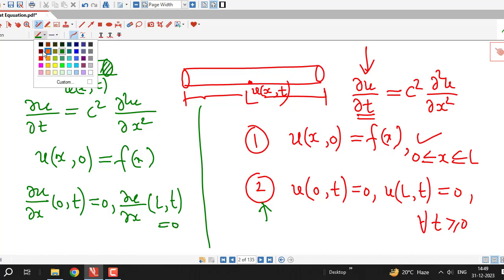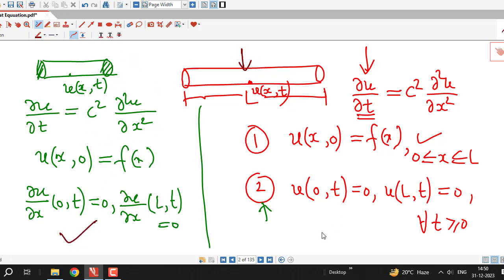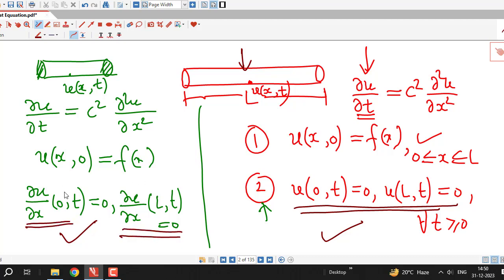So you have to be careful. You will be given a problem of heat equation and you have to decide which case is given: either the ends are having zero temperature, or the temperature gradient is 0 at the ends.